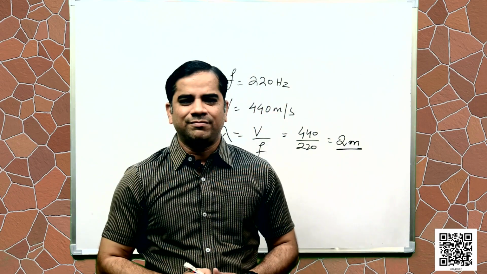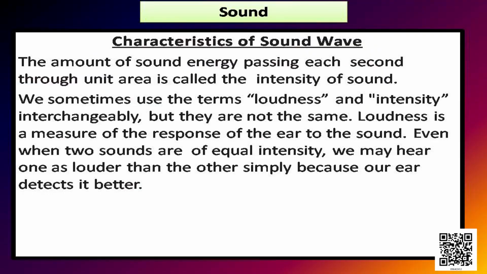Hope you understood. Students, let us now discuss loudness and intensity. The amount of sound energy passing each second through unit area is called the intensity of sound. We sometimes use the terms loudness and intensity interchangeably, but they are not the same.